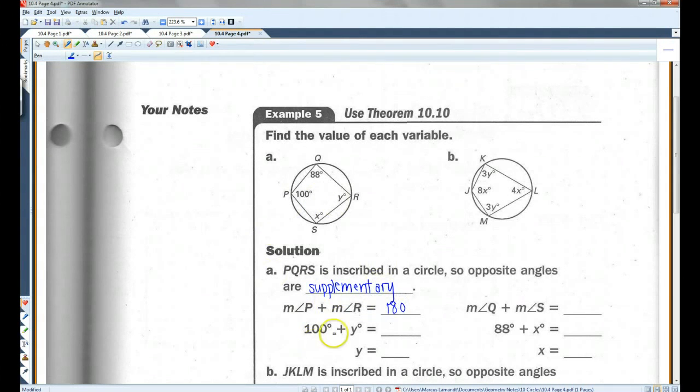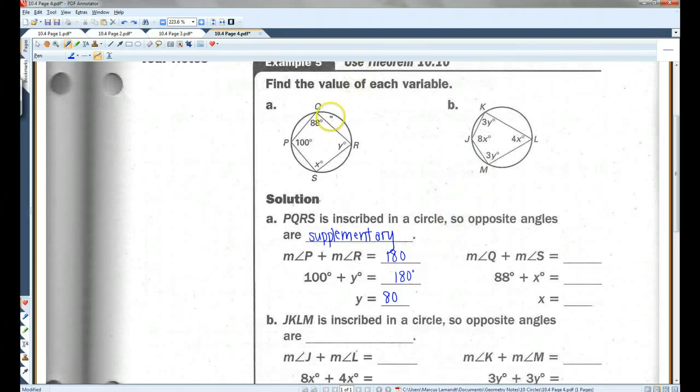Angle P is 100 degrees, angle R equals Y. I can subtract 100 from both sides and Y equals 80. Likewise, over here, we need to do Q and S also. Q plus S also adds up to 180 degrees. 88 plus X equals 180. I'm going to subtract 88 from both sides, and I believe that's 98. I'm sorry, not 98, 92. Okay.